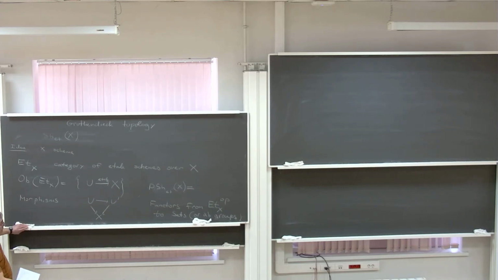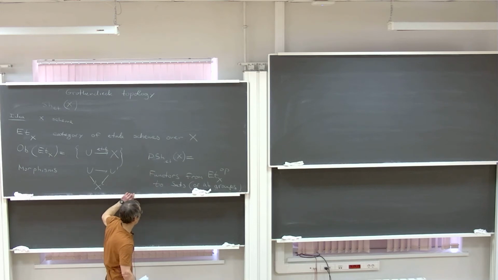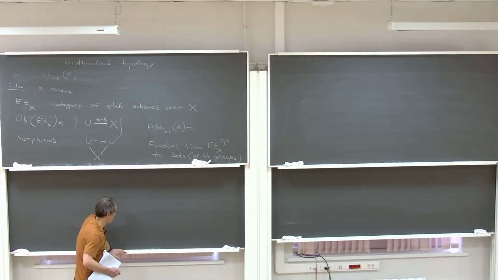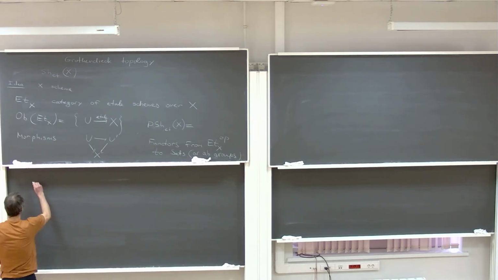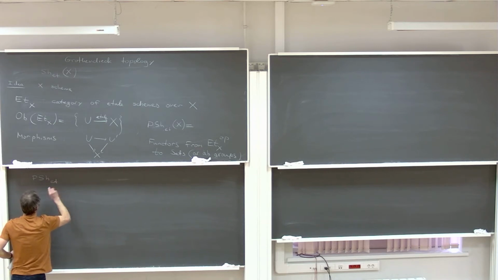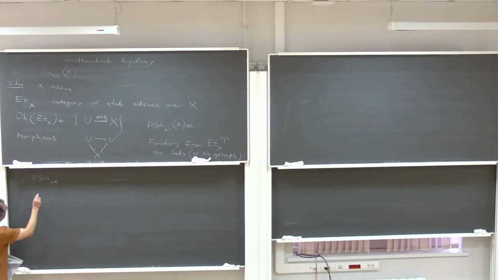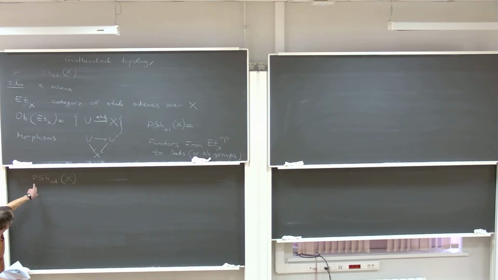So this forms obviously a category. A morphism is a natural transformation of functors, and this is the first step of the construction. So we have the category of presheaves, and I will explain in a second how to impose the sheaf condition.